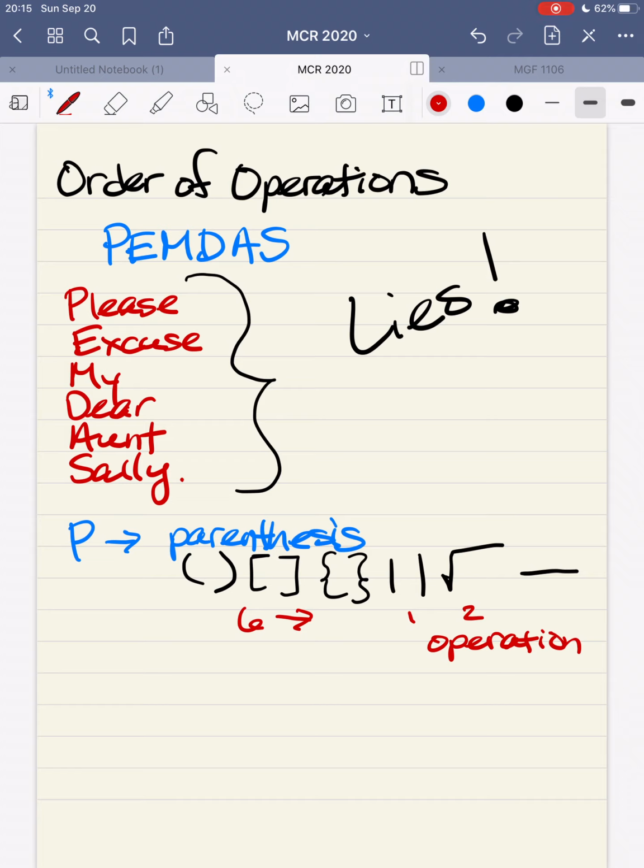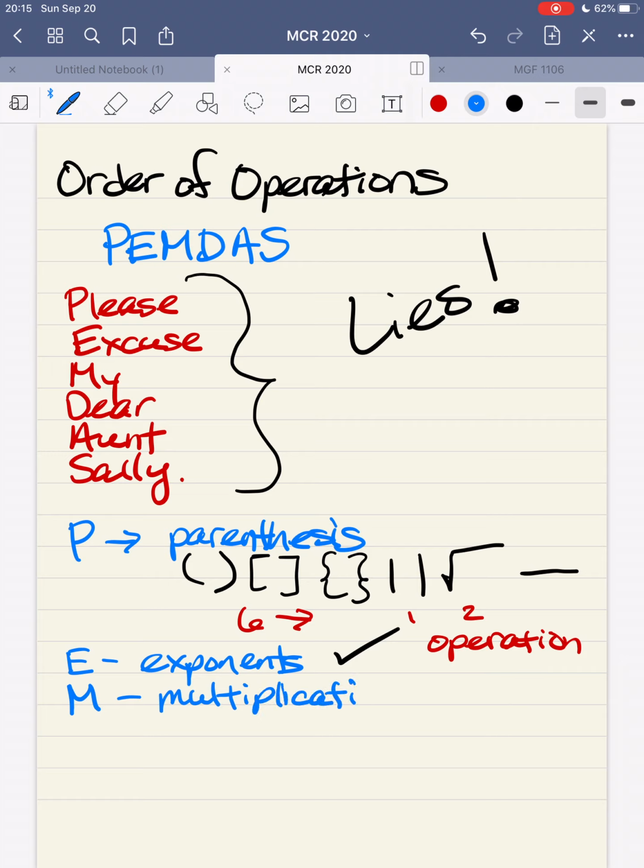All right, so then we have E. And E stands for exponents. We're totally, 100%, okay with that. And then we have the M. And everybody seems to think, well, this means I have to do multiplication next.